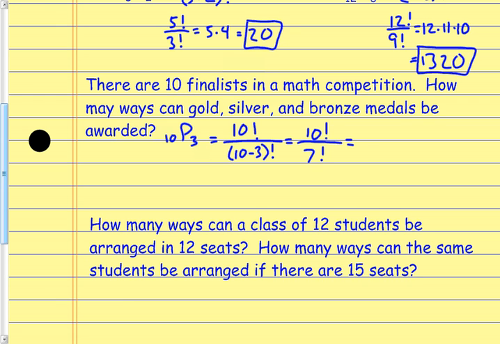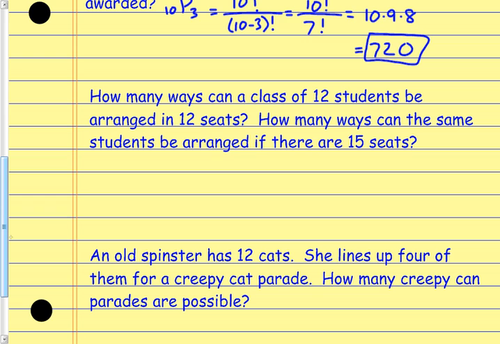Everything from 7 on down cancels out, so I do 10 times 9 times 8, which gives me 720. So there are 720 different ways that those medals could be awarded to those 3 competitors out of the 10.